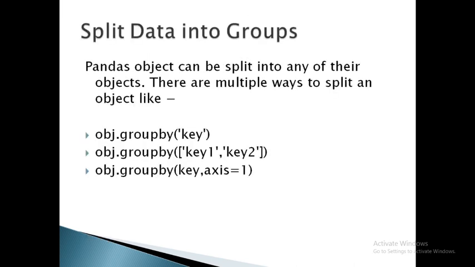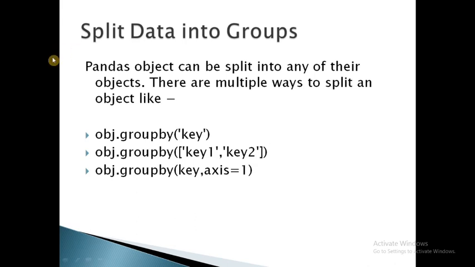Now suppose we want to split data into groups. How can we split data into groups? We have multiple ways to split an object, like object name, here the data frame name, dot groupby. Groupby is the function that is used to apply grouping.